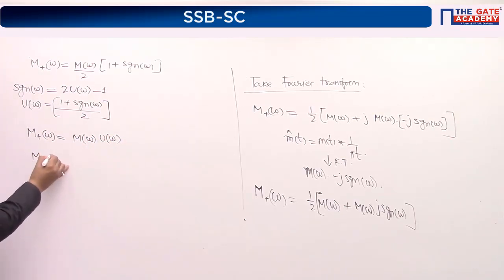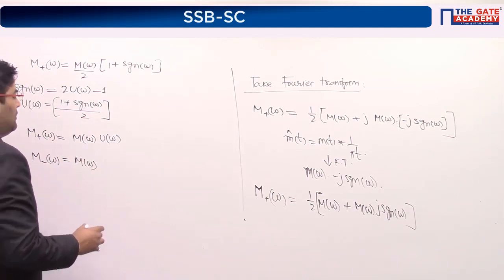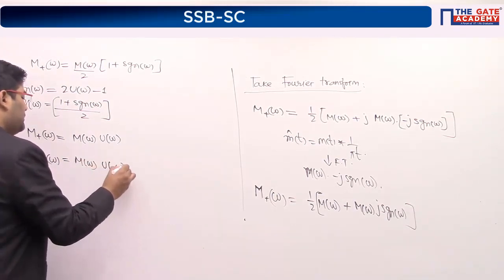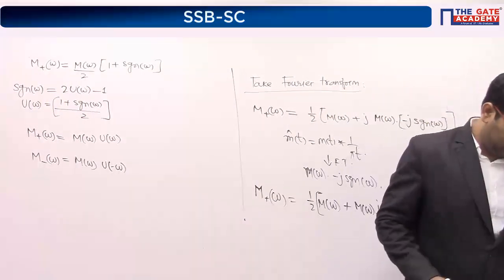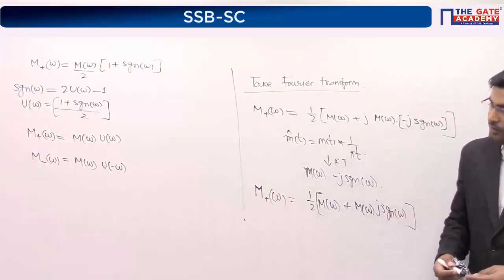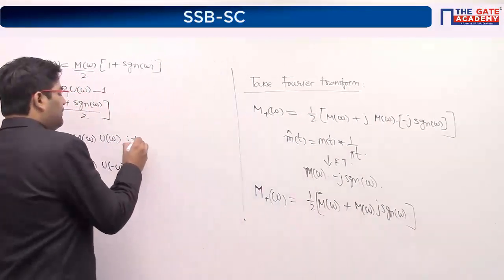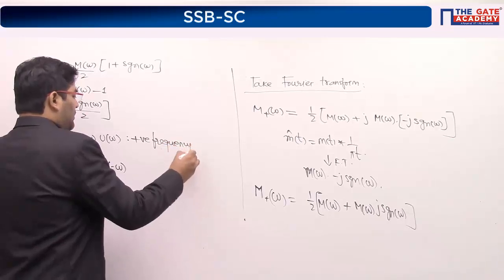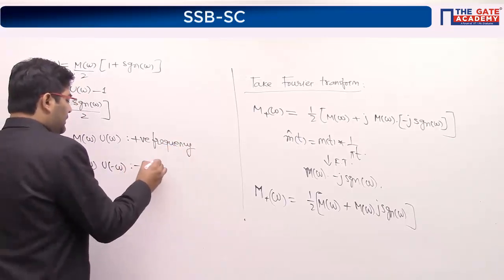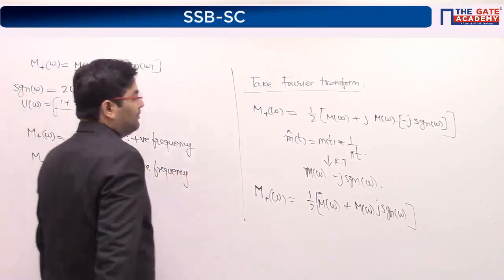Similarly, for the negative part you can write m omega u of minus omega. Have a look. So guys, what I have written here is for the positive frequency, and this is for the negative frequency. I am doing a full-fledged derivation.